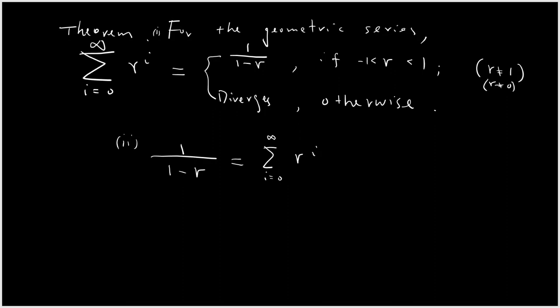Okay, so very shortly I'm going to talk more about power series, but this is only true when r is in between -1 and 1. If you treat r as the independent variable, then the representation is valid only when r is in between -1 and 1, in which case the open interval from -1 to 1 is the interval of convergence.